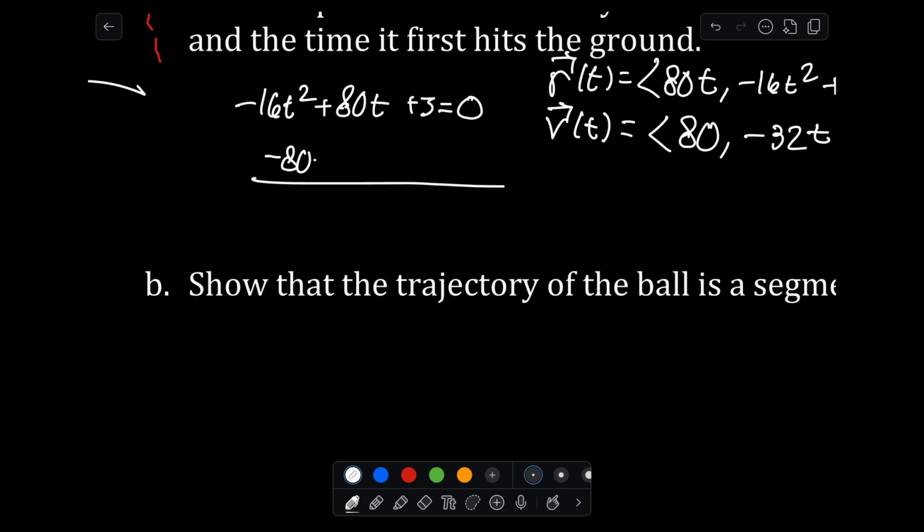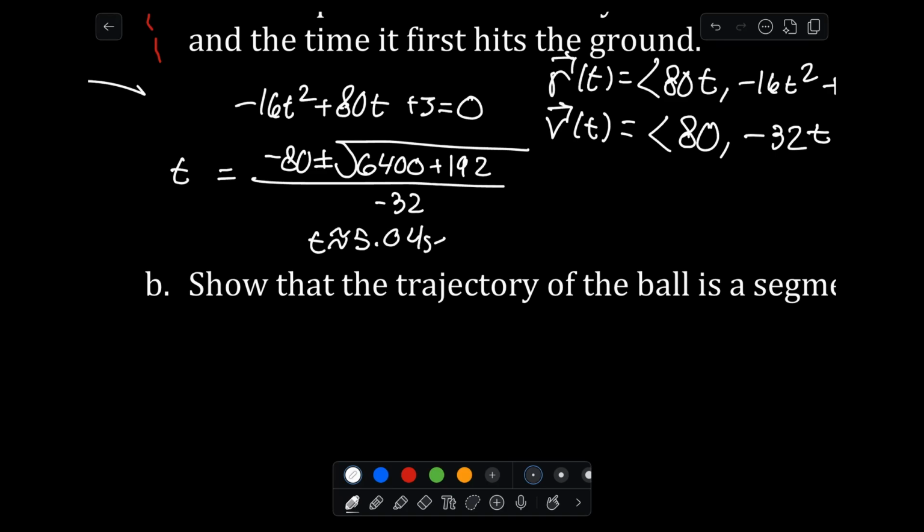Just doing the math in my head at this point. And given what we got, t is approximately equal to 5.04 seconds.